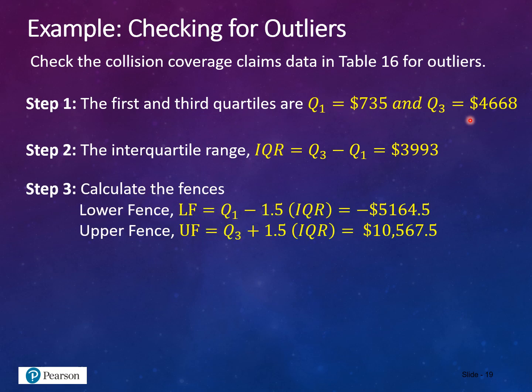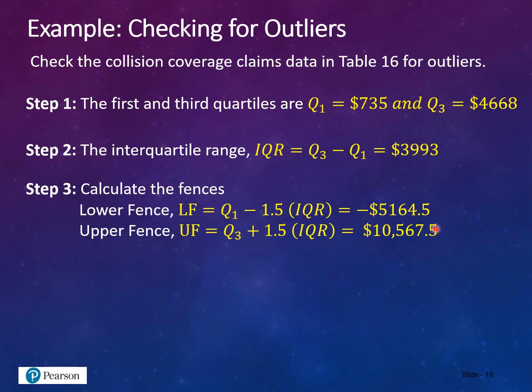At this point, what we need to do is calculate our fences, right? So the lower fence is quartile 1 minus 1.5 times the IQR, or 1.5 times 3,993. 735 minus 1.5 times, which is roughly, well, that's about 4,000. So half of 4,000 is 2,000. So it's 735 minus roughly about 6,000.